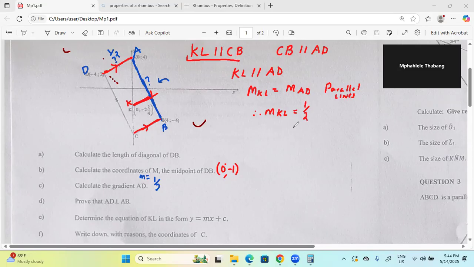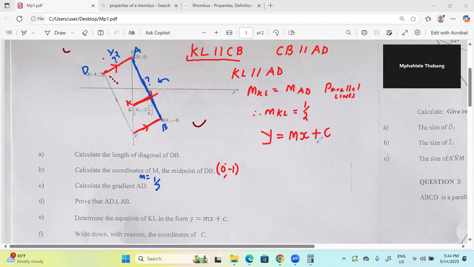So I can find the equation of KL because I know the gradient of the line KL. In order to find the equation of a line, you need the gradient because you are going to use this formula: y equals mx plus c. We call it the standard form of a straight line.